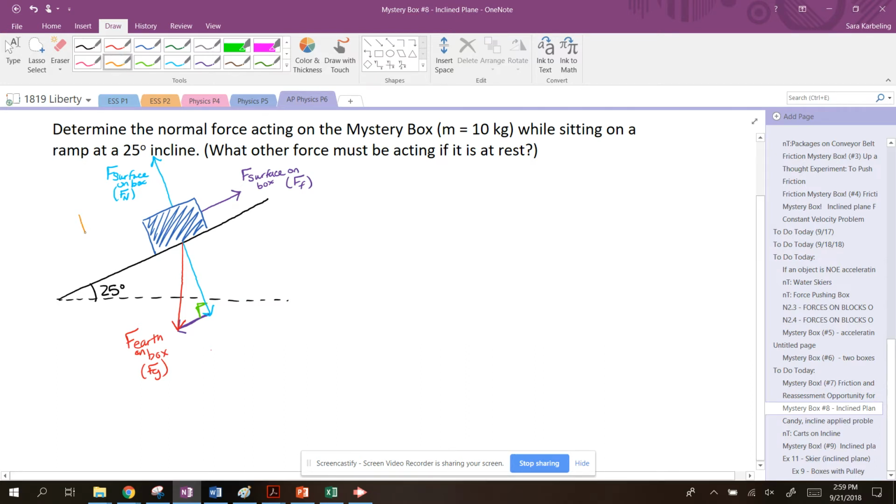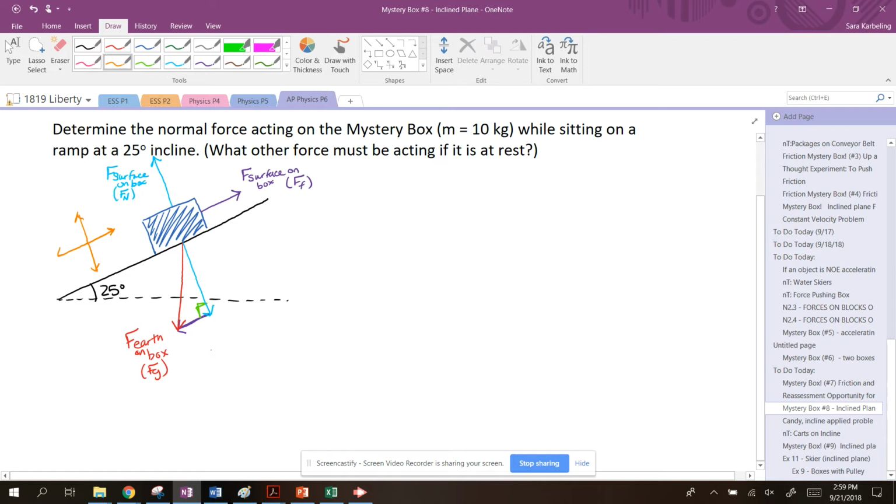I'm going to draw myself an axis like this. Sometimes people want to say, oh, this is the X, it's just kind of at an angle, and this is the Y. Here's the problem. What if the ramp was really, really steep? Are you with me there? Then the X would look like the Y, and the Y would look like the X, and then I'm just super confused.